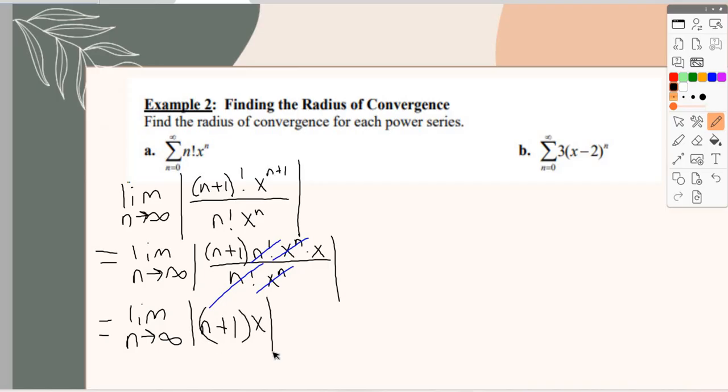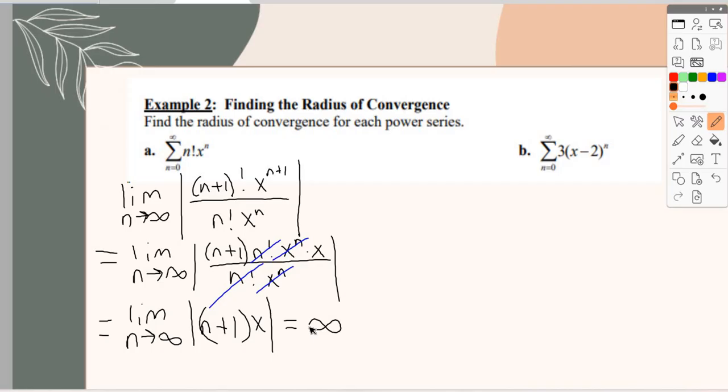So again, I don't really care a whole lot about that x, but I do need to look at what n plus 1 is going to go to as n gets bigger and bigger. Infinity. So does it matter what my x is there? No, because x is just going to be a specific number for this power series, which means that this will equal infinity. Is there any spot that that's going to be less than 1?